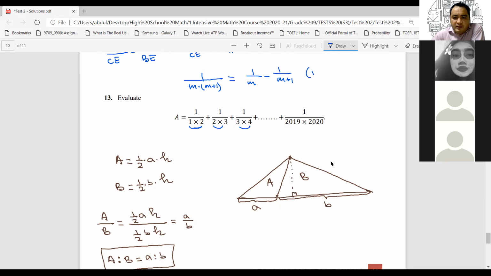Actually, in math, we call this decomposition. Decomposition means decomposing this fraction into partial fractions. If you have any little brother or sister, or niece or nephew, who is 1 or 2 years old, usually they play with building blocks, right?